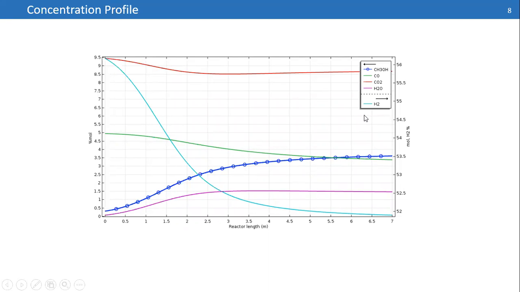We used a methanol reactor that is just one tube, and we simulated all the results, and you can see that the concentration of the different components is calculated along the length of the reactor.